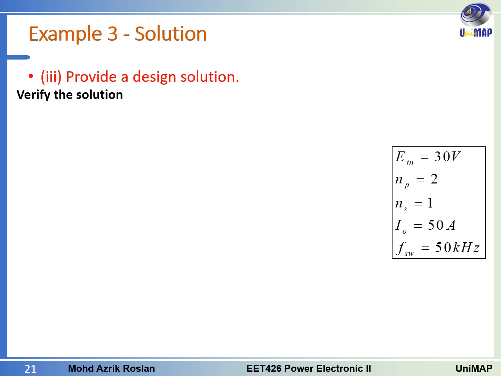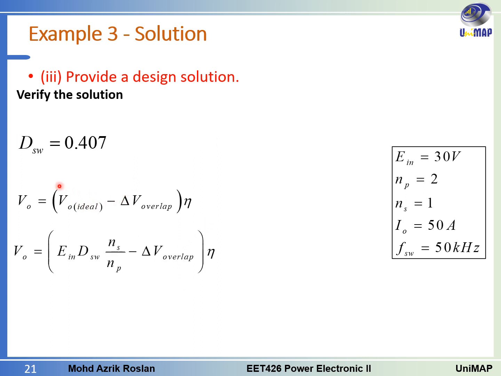Now we need to verify whether our solution can solve the problem. We know that the duty cycle that we need to use is 0.407. We know that the equation to find the output voltage is V out ideal minus delta V overlap, multiplied by the efficiency.